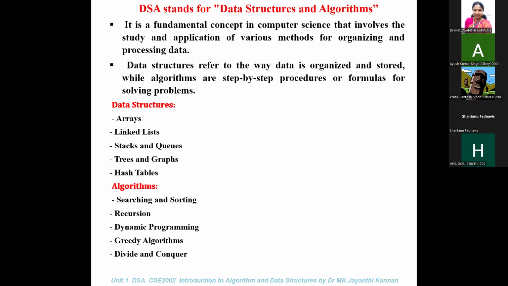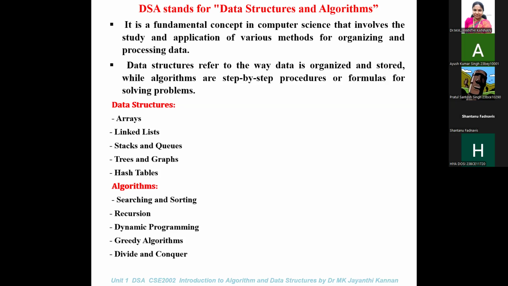The data structures refer to the way data is organized and stored, while algorithms are step-by-step procedures or formulas for solving the problem. So algorithms help us solve any problem based on the type of problem. The standard data structures are arrays, a user-defined data structure, linked list, stacks, queues, trees, graphs and hash tables.